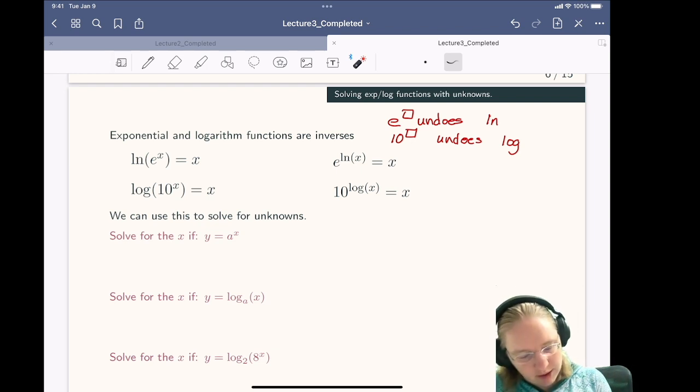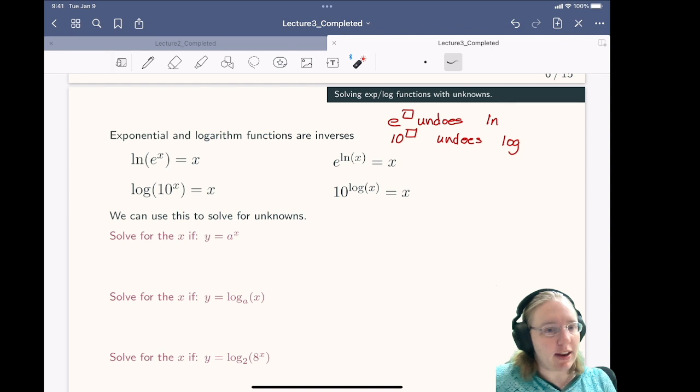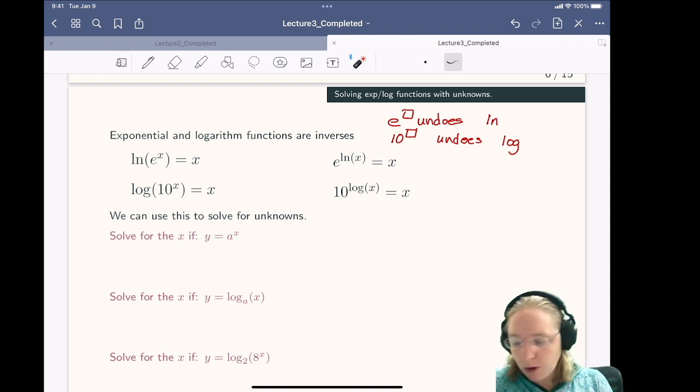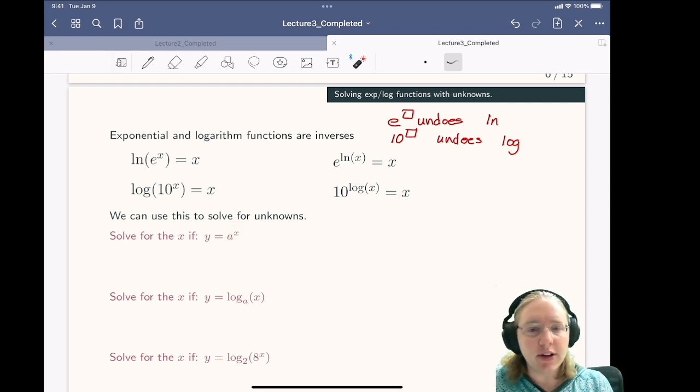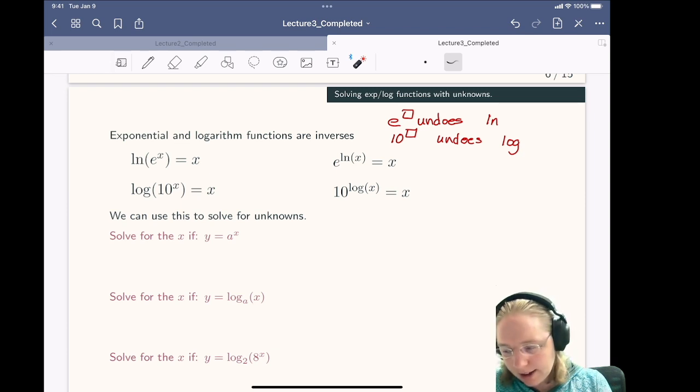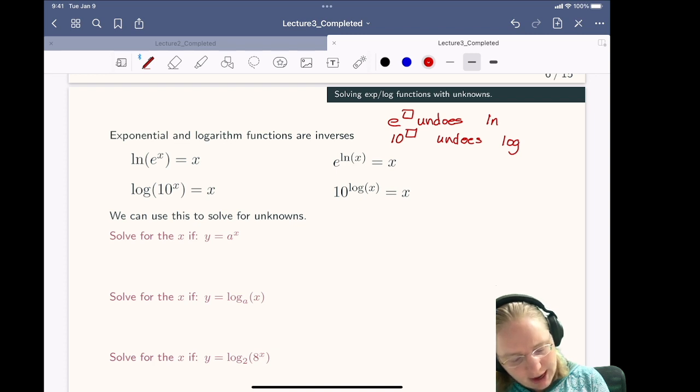So suppose we want to solve the function y equals a to the x for x. How do we do this? Well, we want to isolate this x. Remember what you're trying to do. You're trying to get that x by itself. Right now it has a to the x. So how do we get rid of that a? Well, we can take the log base a of both sides to get rid of it.